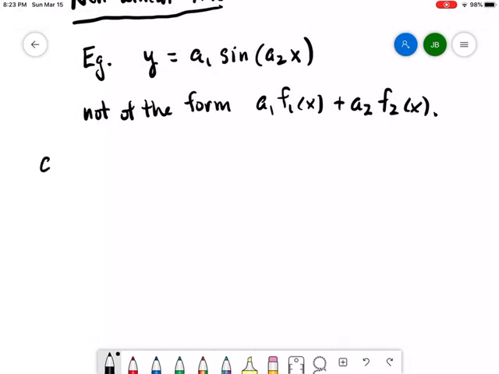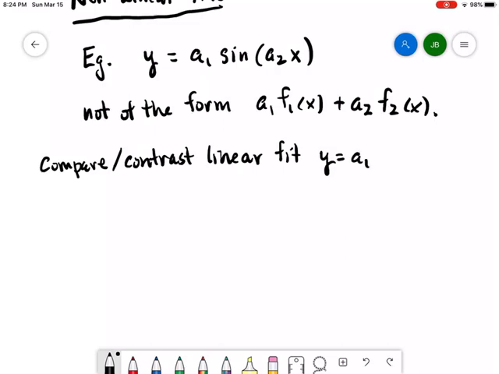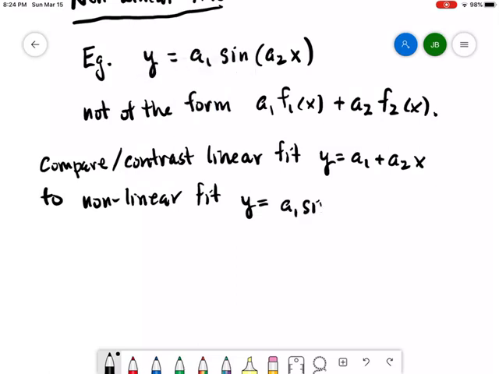So I want to compare and contrast linear fit, and so let's just use a straight line, a1 plus a2 times x, to the nonlinear fit, and we'll use this a1 times sine of a2x. And so we'll do this by constructing a table.